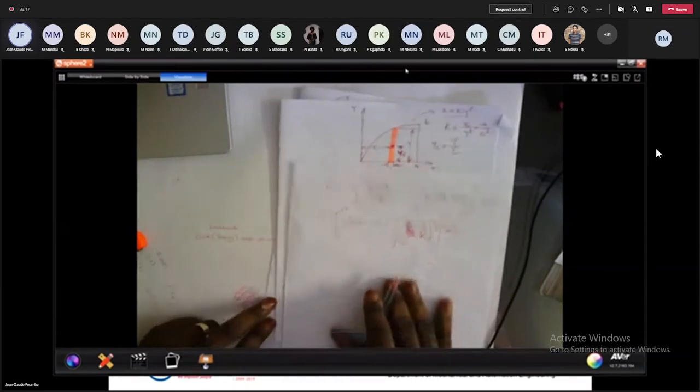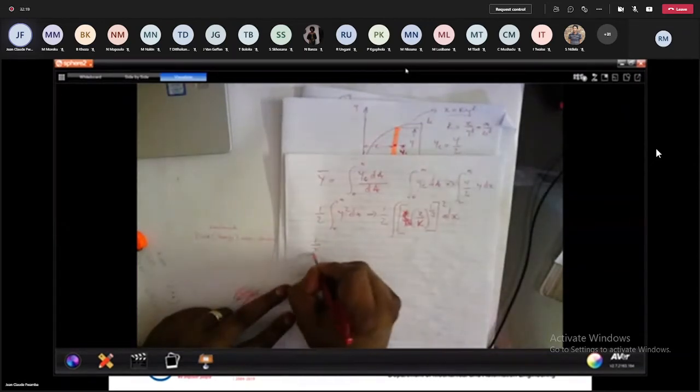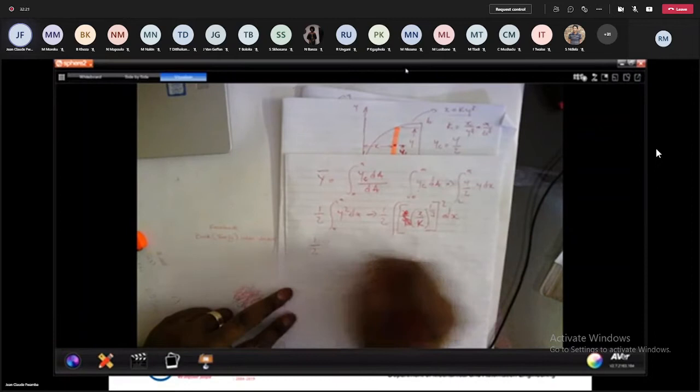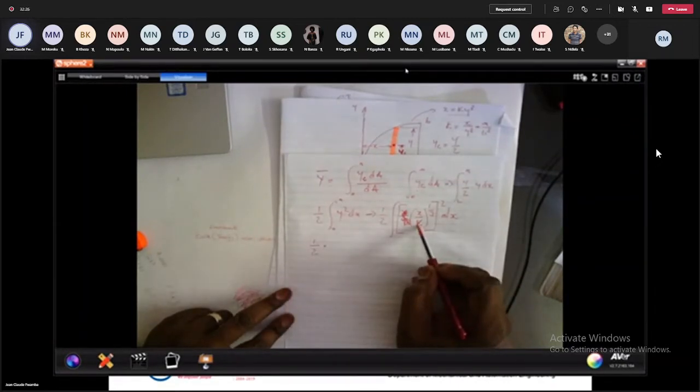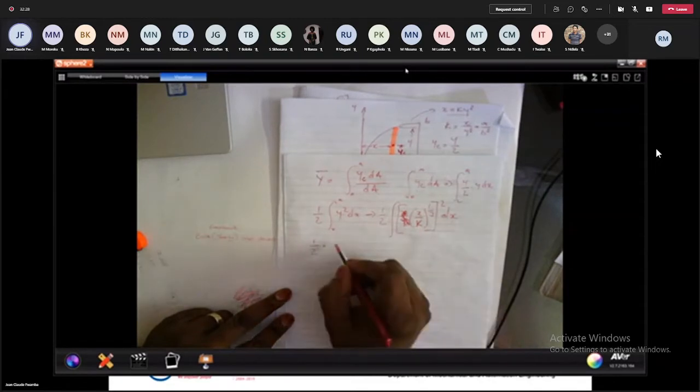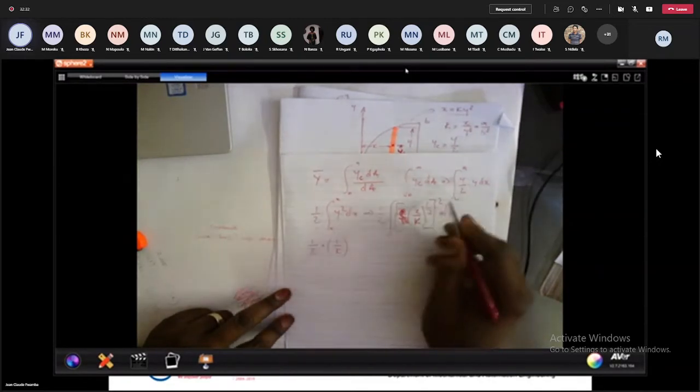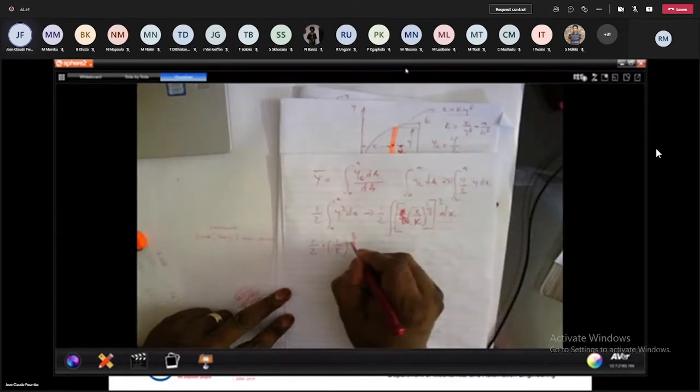So this will be 1 over 2. Let me put this in a proper way. I want to remove the constant out of my integration, right? Times 1 over k exponent 2 over 3.